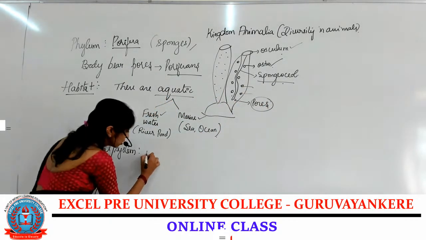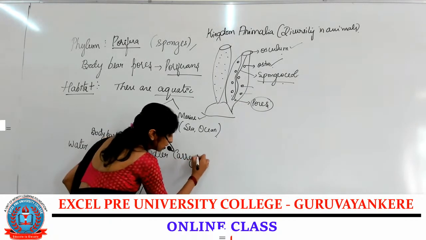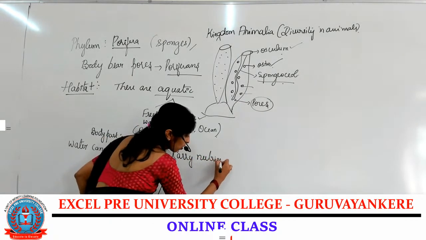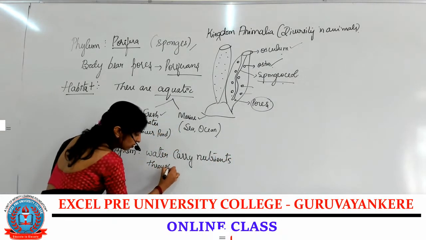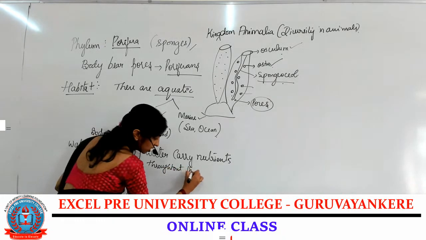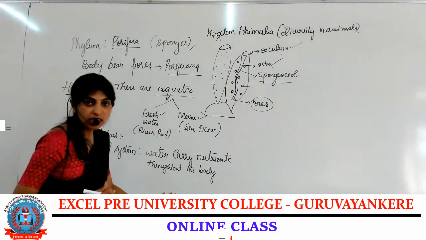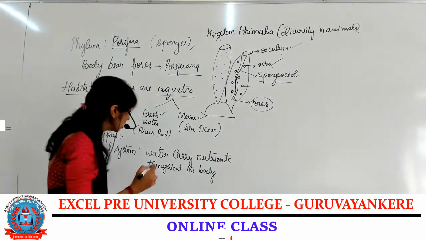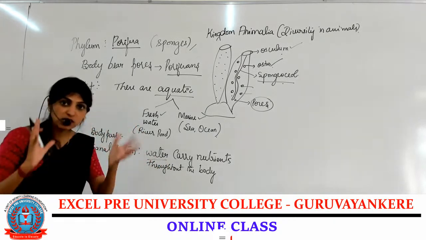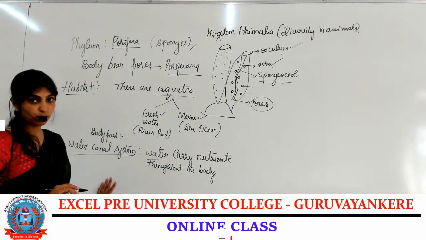That means the water carries nutrient components. They carry nutrients throughout the body. Which one carries the nutrients throughout the body? Water. And that whole system we call the water canal system.